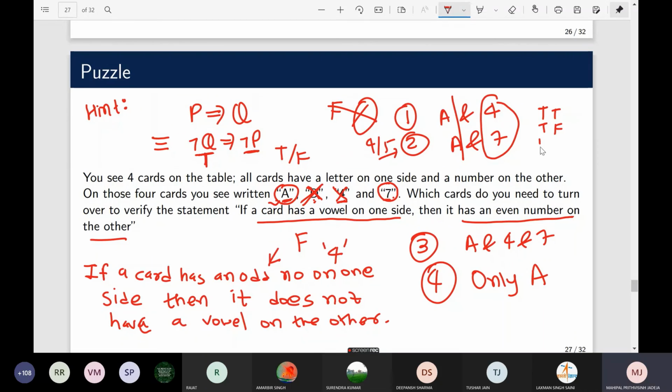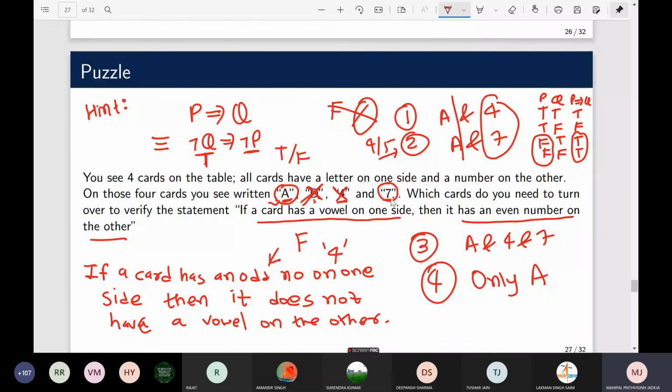You can see here that there are 4 cases, right? This is P, this is Q, and this is P implies Q. As you can see, whenever my hypothesis is false, irrespective of the conclusion, that means with respect to the given statement, this 4 does not matter. But 7 matters. Why?